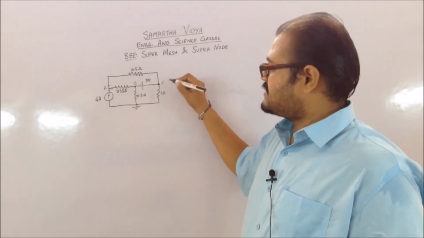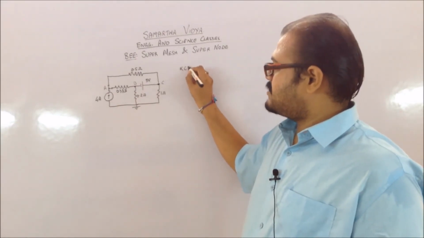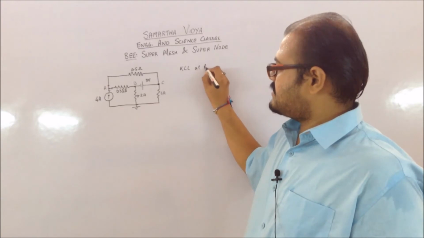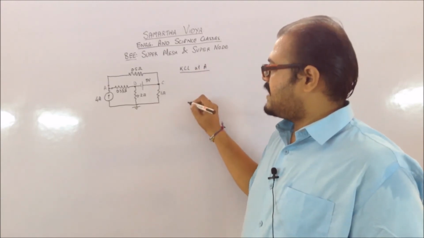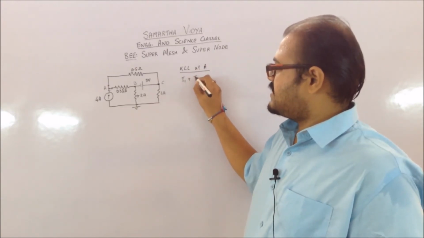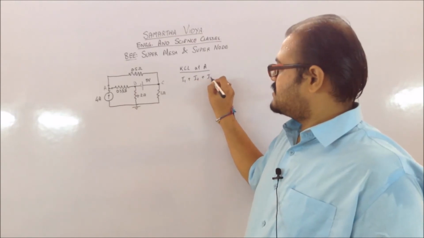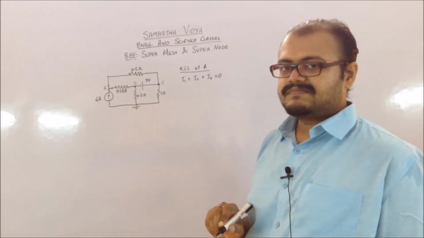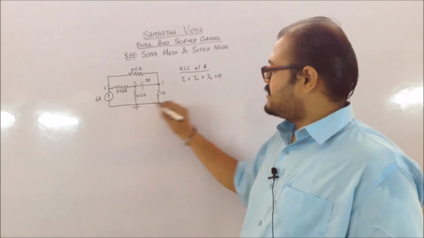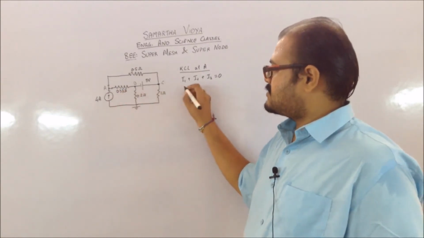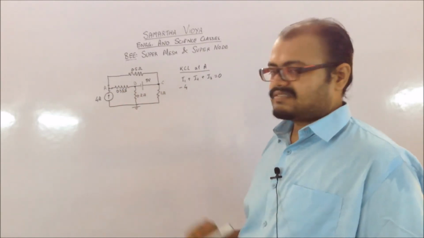So if you take this as I1, this as I2, this will be I3. So you will have the equation, applying KCL at A: I1 plus I2 plus I3 is equal to 0. You can see that I1 is going in the opposite direction, so that is going to be minus 4.